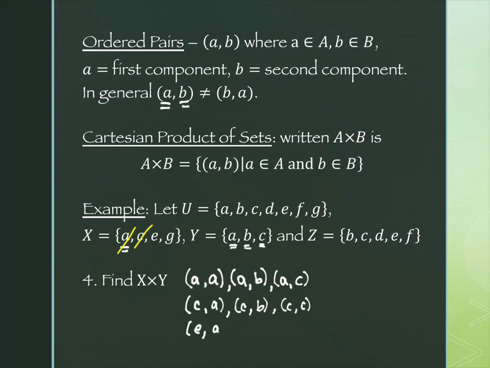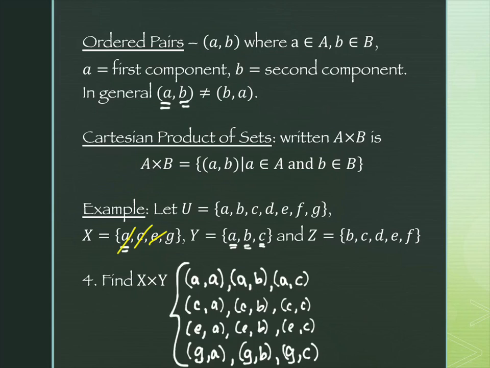A. And then E, B, and E, C. And then our last one, G, has G, A, G, B, and G, C. And this is a set of ordered pairs.